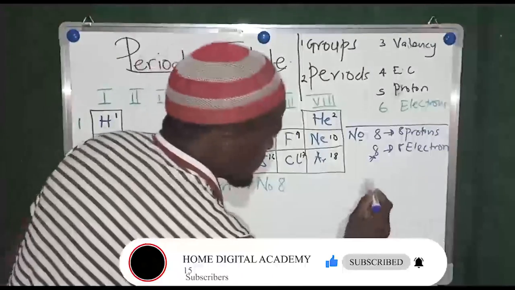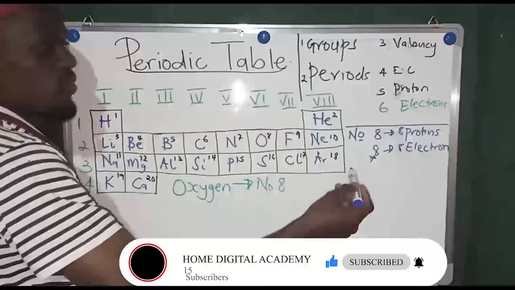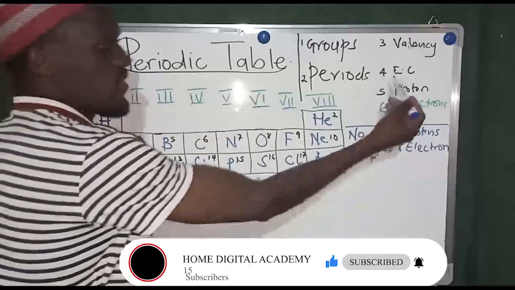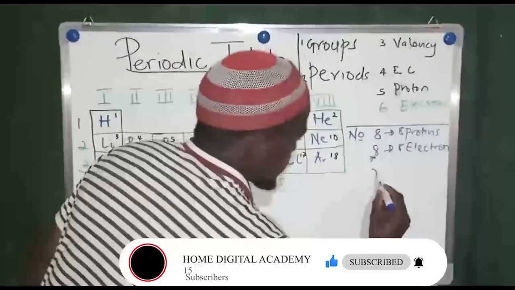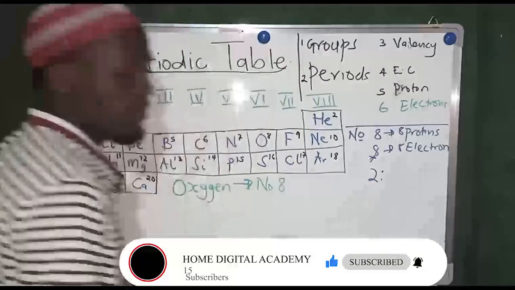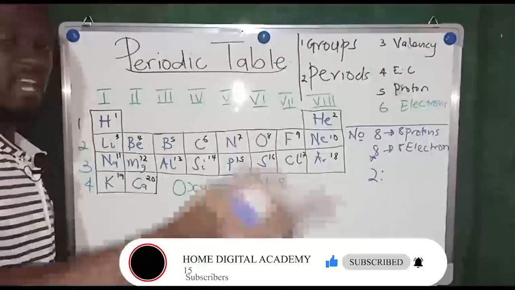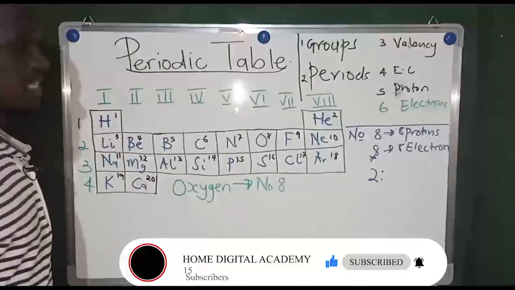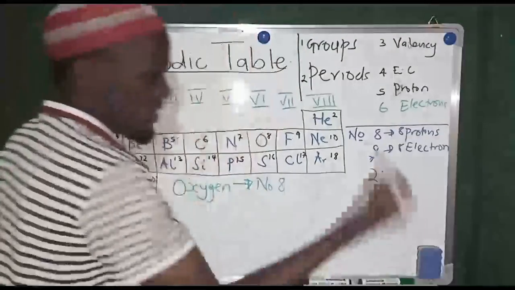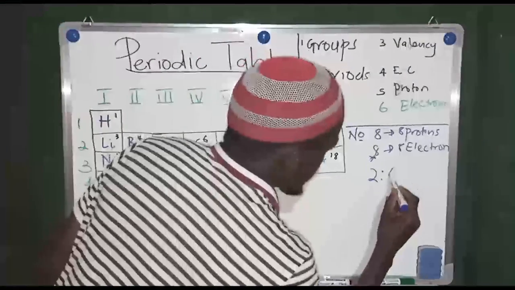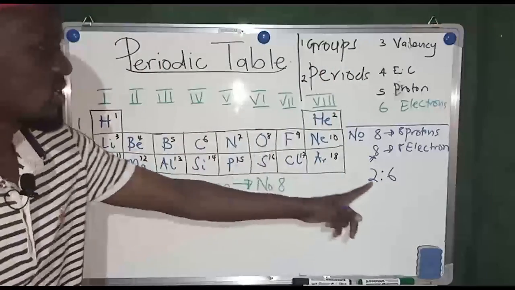Why? Because the first shell, when you are writing the configuration, is holding only 2 electrons. So write 2 there, dot, remember in the first episode. Now, the next must be having 8. But since we are having 8, you will say 8 minus 2, what is the remaining? Is 6. So the electron configuration of oxygen is 2.6.